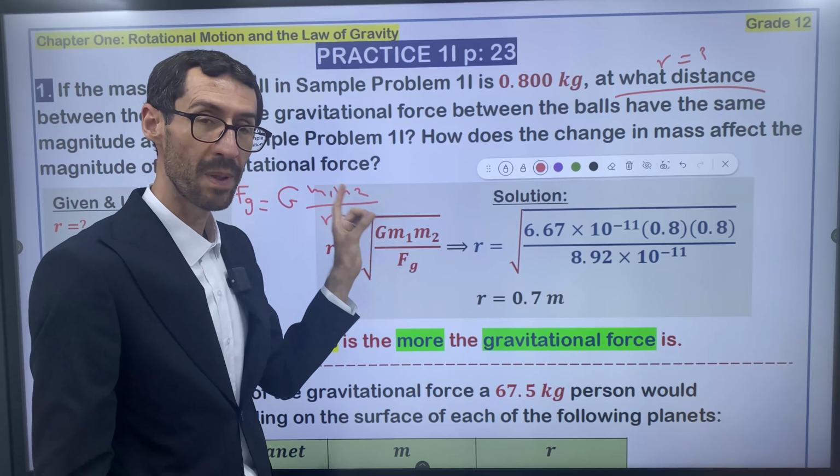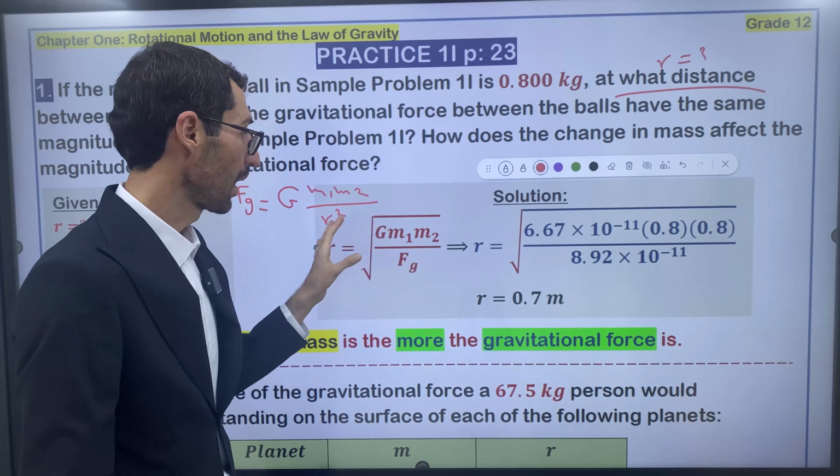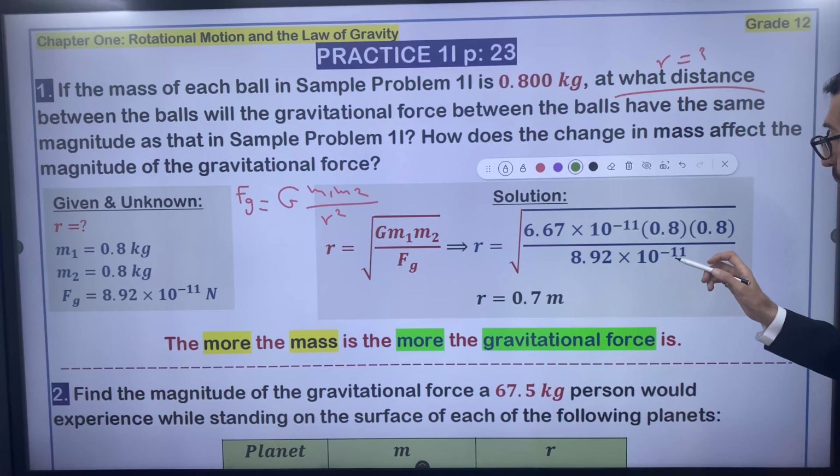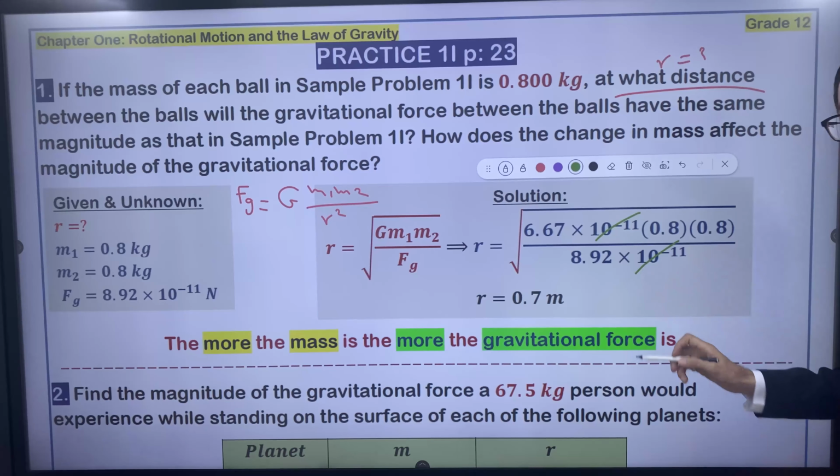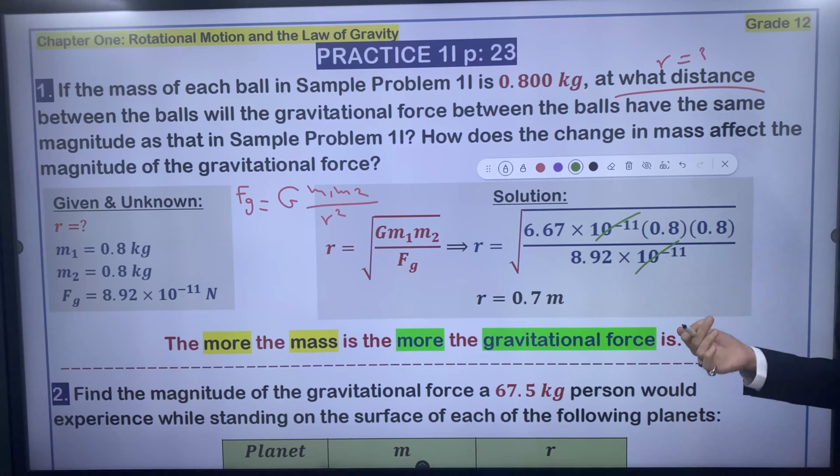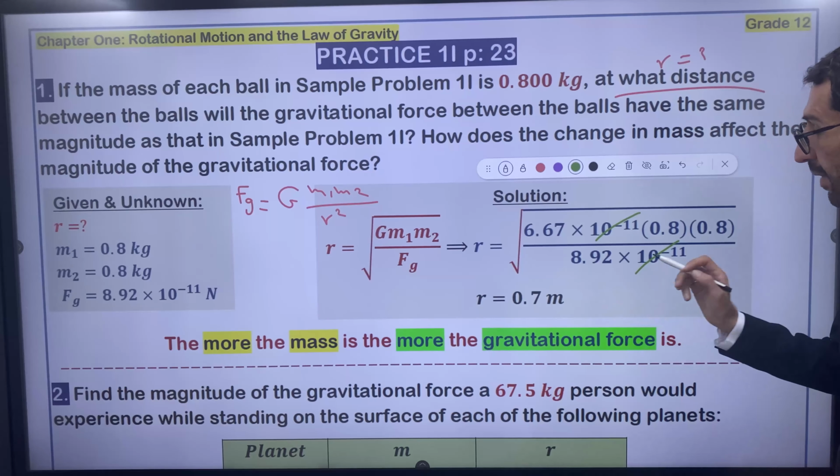I told you you have to memorize it: 6.67 times 10 to the negative 11, multiplied by 0.8 multiplied by 0.8, divided by Fg. That's it. And I told you in previous lessons that whenever you observe similar exponents or similar values, you can simplify them to save time and make the calculation easy. That's why the answer R is equal to 0.7 meters.